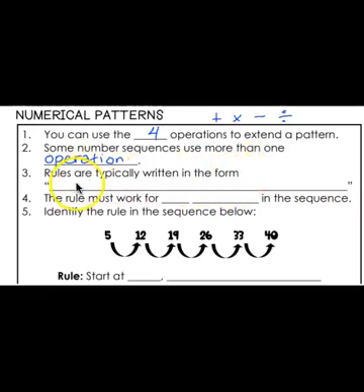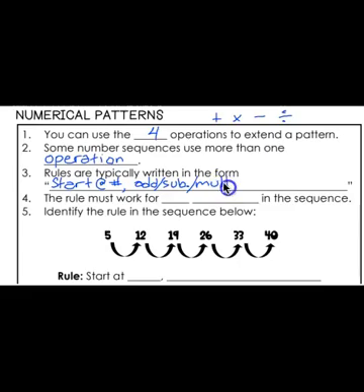All right, number 3. Rules are typically written in the form start at number something or other, comma, and then add, subtract, multiply, or divide. Add, subtract, we're going to abbreviate some of these.